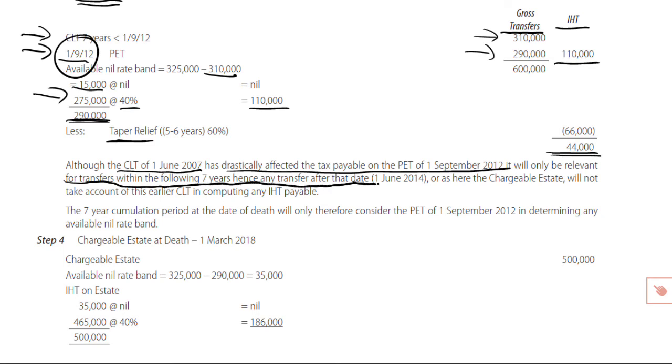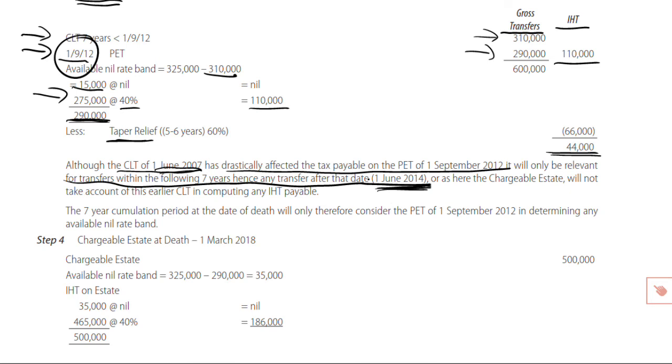Hence, any transfer after that date, 7 years on from the 1st of June 07, the 1st of June 14. So, this CLT only has a cumulative impact on later transfers that are chargeable, that do fall within the 7 years before the date of death, that fall prior to the 1st of June 14. Because after 7 years, the CLT ceases to have any cumulative effect. It's their 7-year accumulation period.